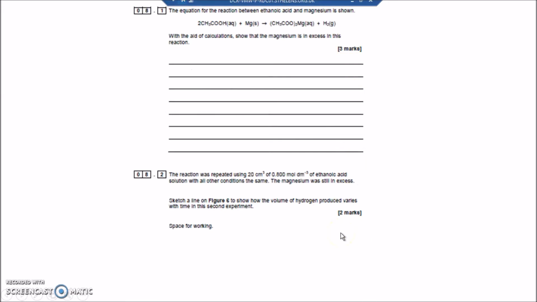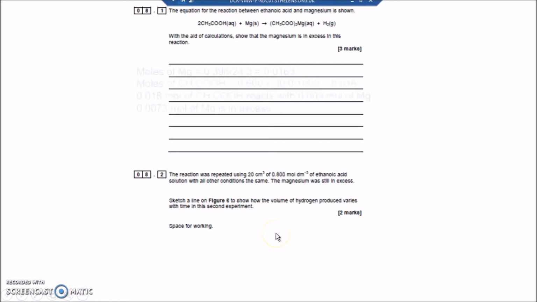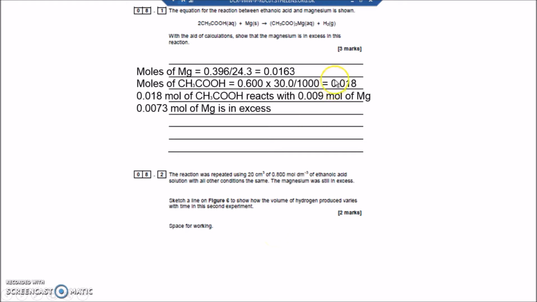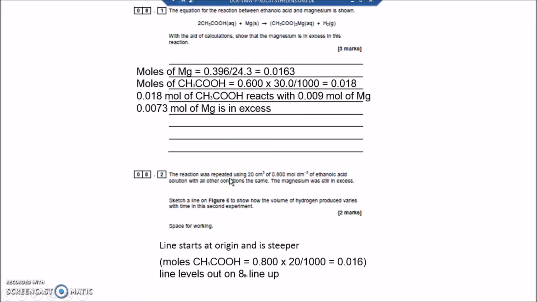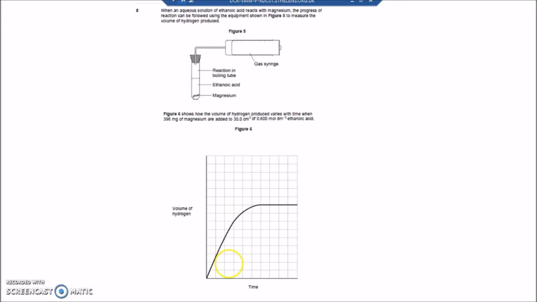Let's have a look at my graph here. 0.018 is the number of moles of ethanoic acid that I had. This time I've got 0.016. So proportionately, if these went up in 0.02s, 0.02, 0.04, 0.06, 0.08, 0.10, 12, 14, 16, 0.018.